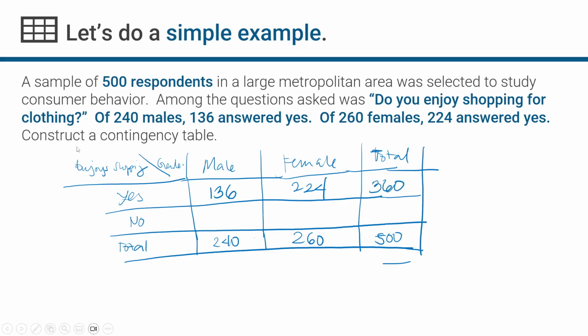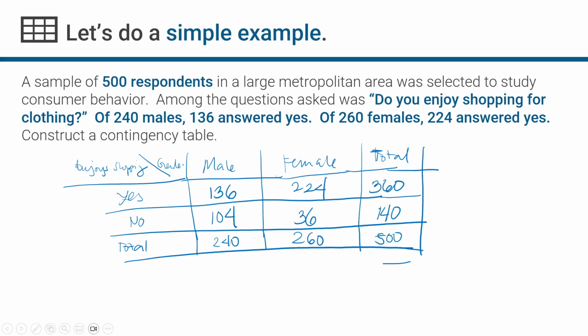And for the no, of course, we will subtract 136 from 240, which is 104. And then we subtract 224 from 260, which is 36. Okay, you can actually just subtract 360 from 500 to get them. That's 140. Okay, so we have this table already.